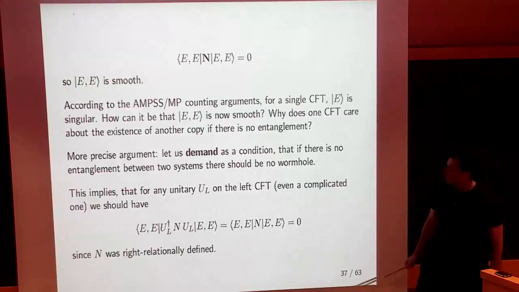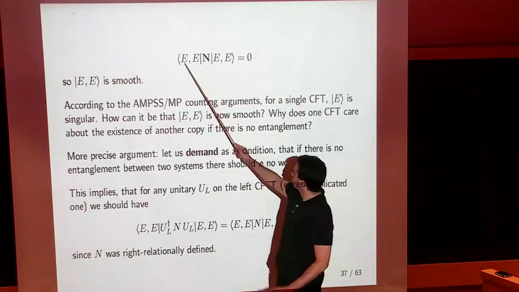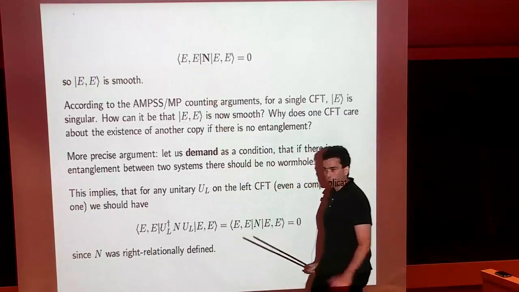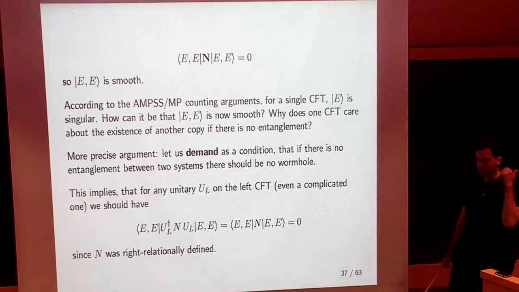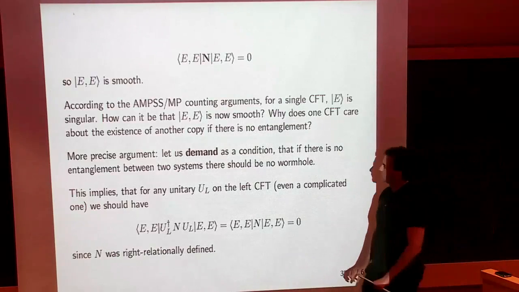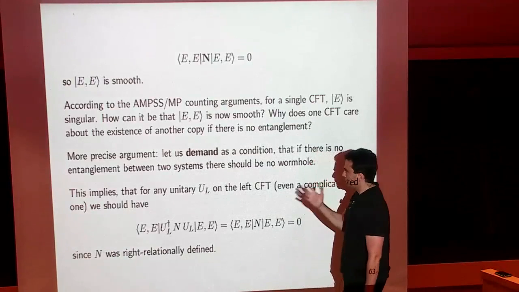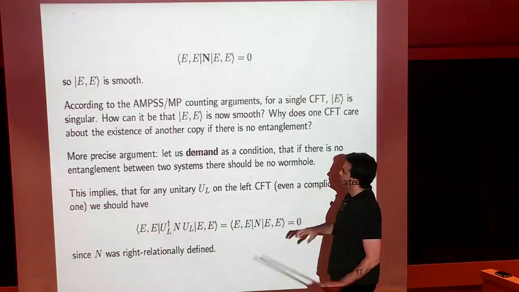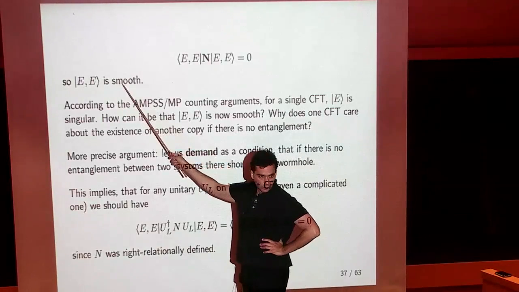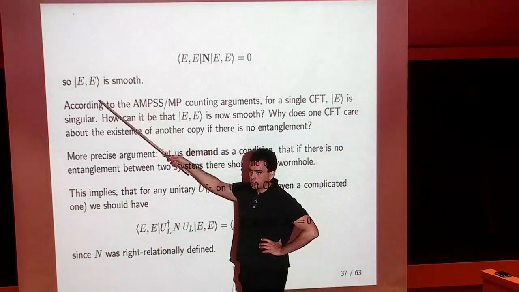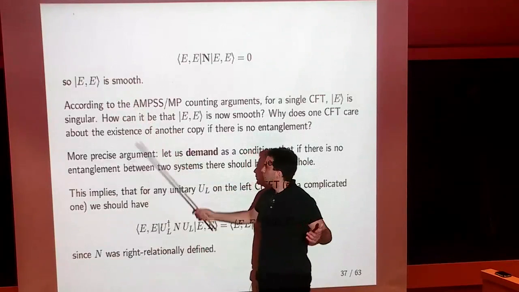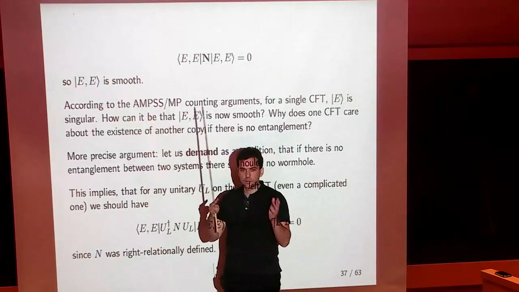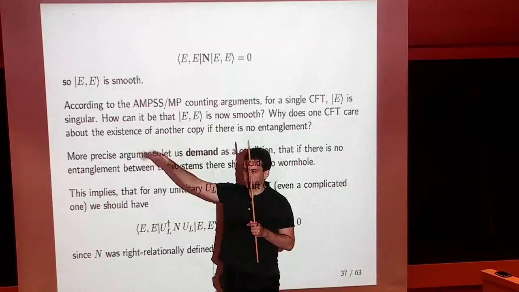So we conclude that at least most of these pairs of eigenstates have to be smooth, according to the observer jumping from the right side. Now, already at this point, it's a little bit strange to claim that the states EE are smooth, while the states E are singular, because here there's no entanglement. So how could one CFT possibly know about the existence of a second CFT if there's no entanglement?